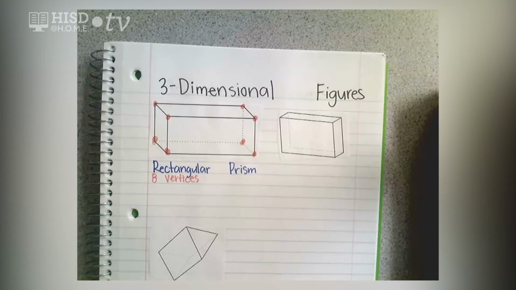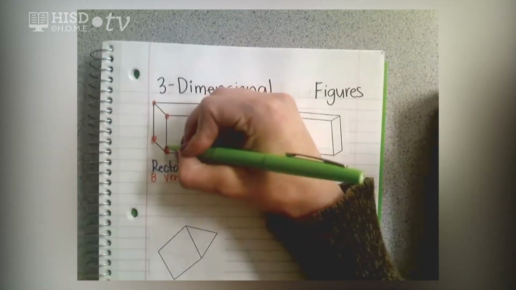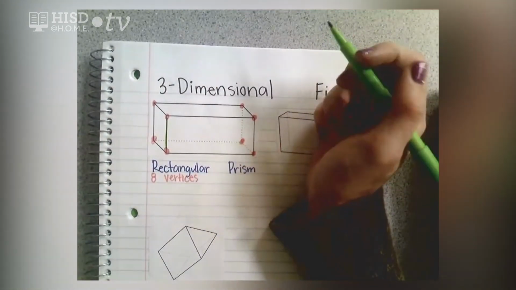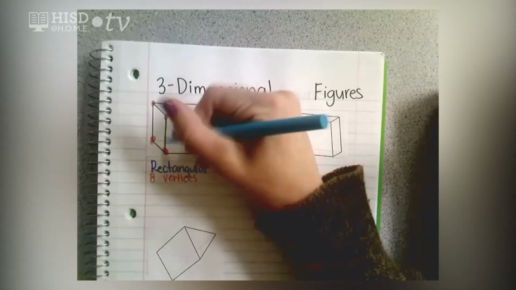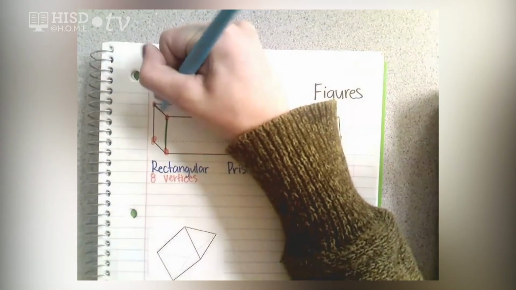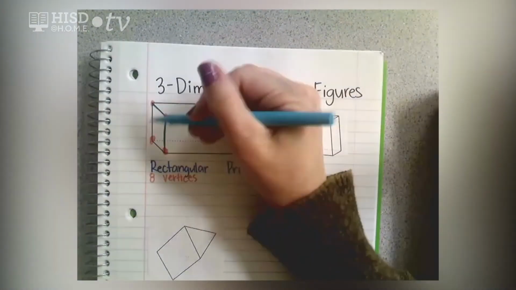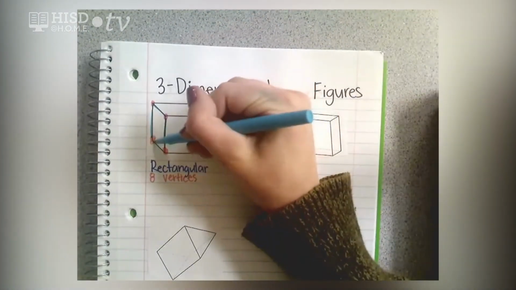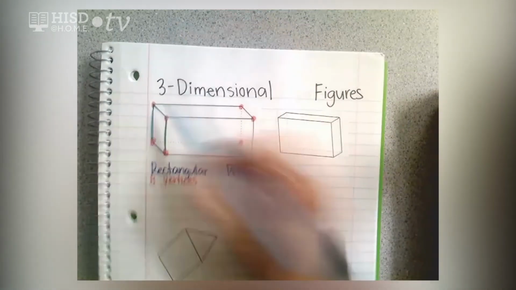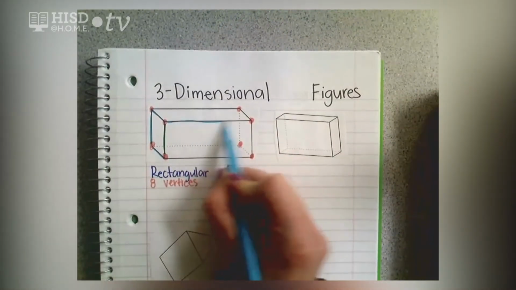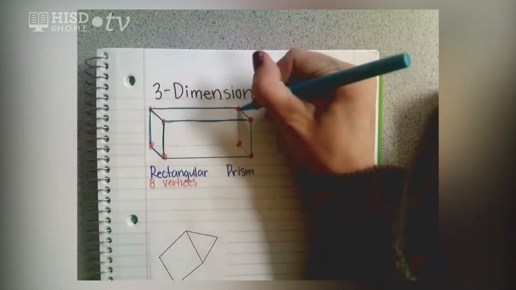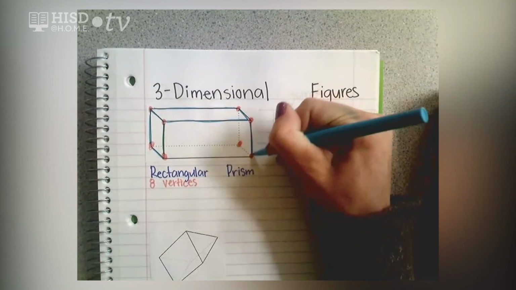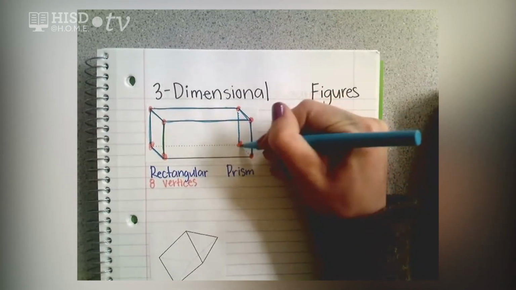Now we're going to count the edges. We have 1. Let me see that one. Let me do 1, 2, 3, 4, 5, 6, 7, 8, 9, 10.